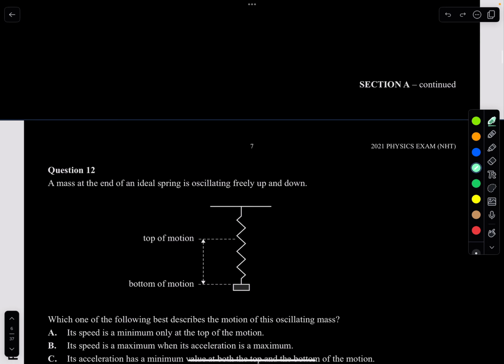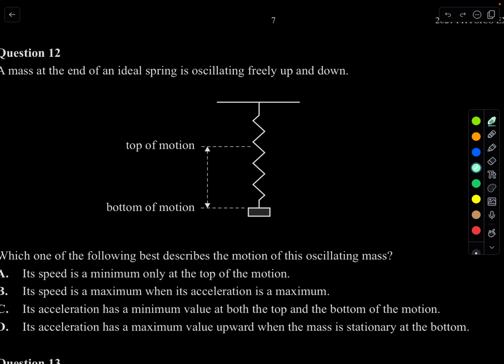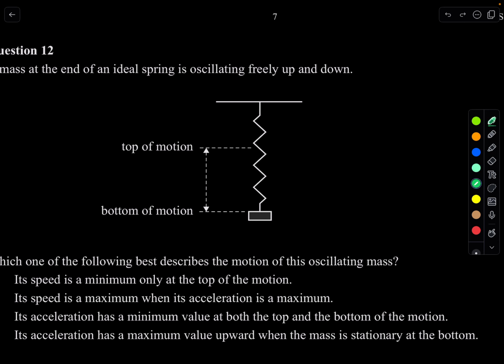Easy. Question 12. A mass at the end of an ideal spring is oscillating freely up and down. Which of the following best describes the motion of the oscillating mass? A: its speed is a minimum only at the top of the motion. Well, let's look at this. We know that the speed at the top of the motion is 0 because the kinetic energy is 0.